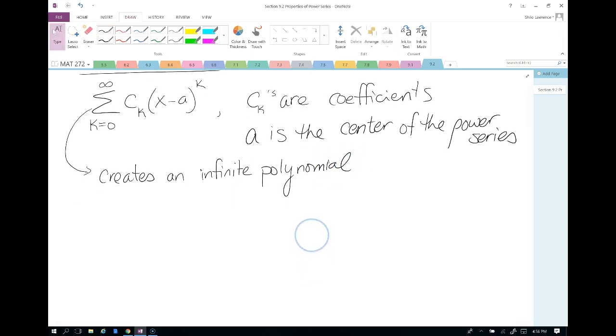And this is something that's discussed in a pre-calculus algebra course. The limit as x approaches positive or negative infinity for any polynomial is always going to be either positive or negative infinity. That usually depends on whether the power is even or odd and whether the coefficient's positive or negative.